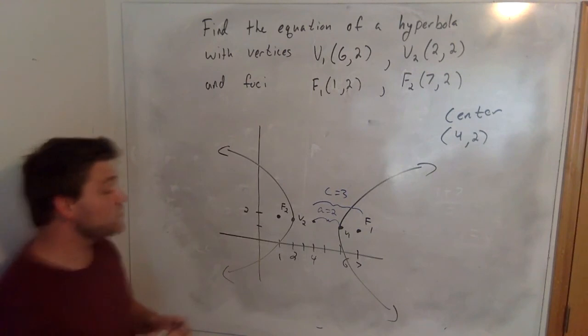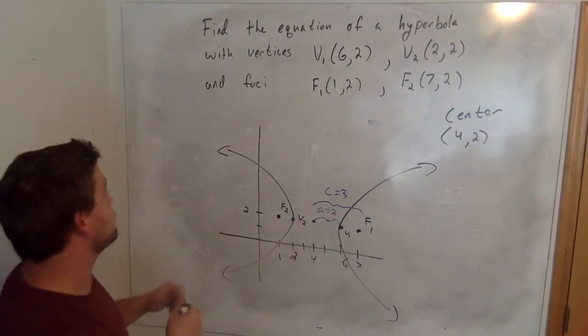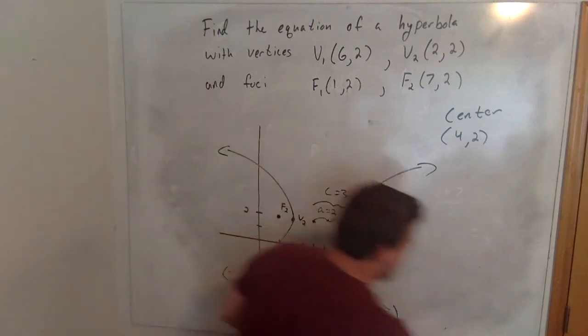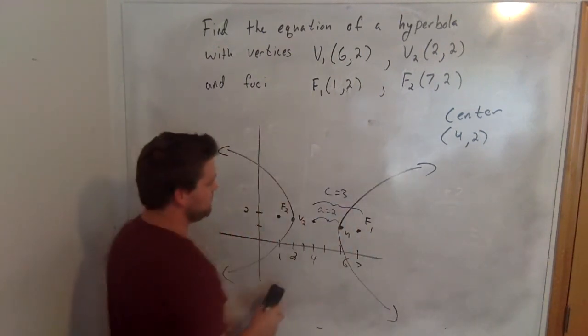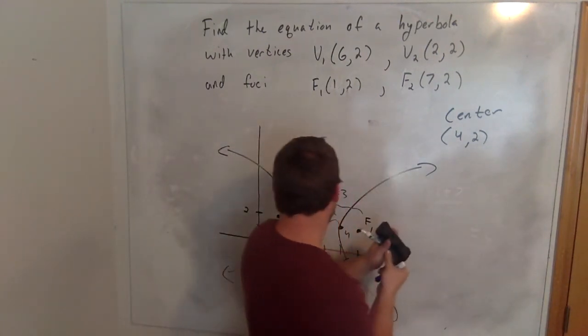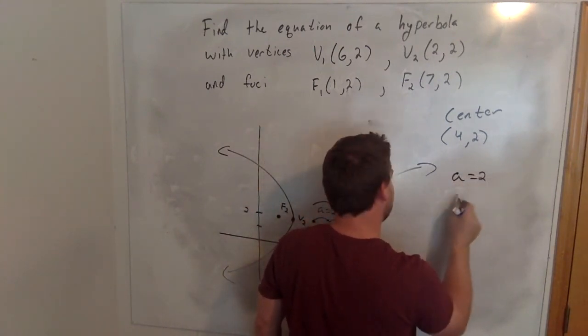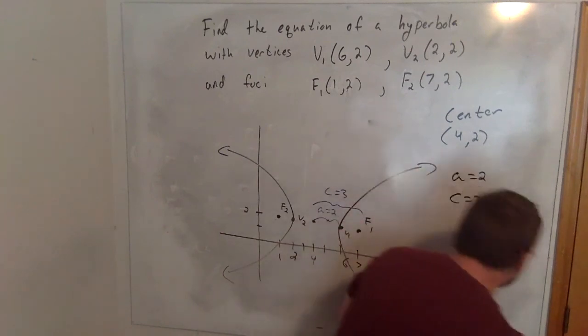We should also notice that it's opening up to the left and to the right. So let's write down what we know. a is 2 and c is 3.